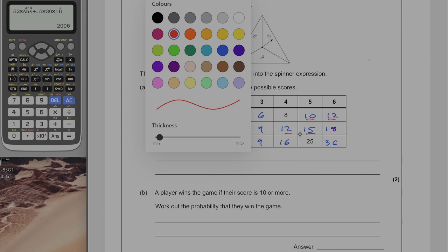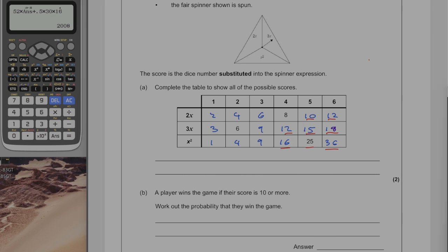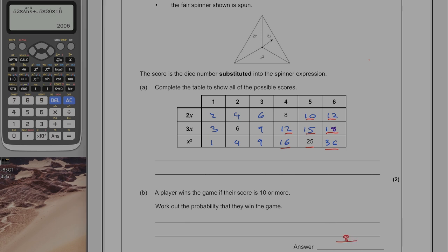So I've got 1, 2, 3, 4, 5, 6, 7, 8 of the options give us a score greater than that. So I'm looking at 8 out of the total number of outcomes, which are 6 times 3, so 18. We'll go 8 out of 18, which would be 4/9 when simplified.